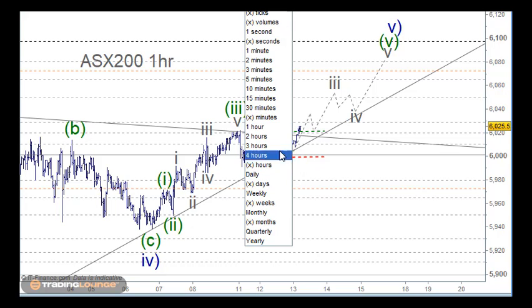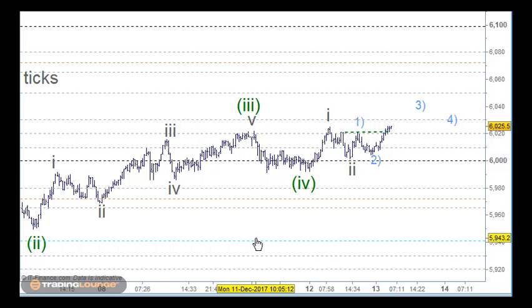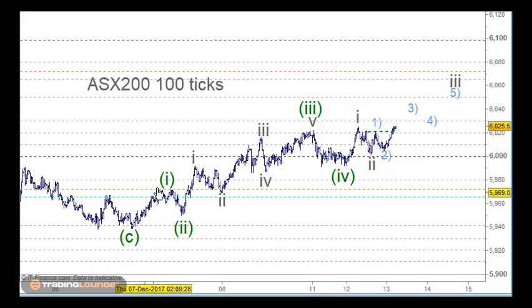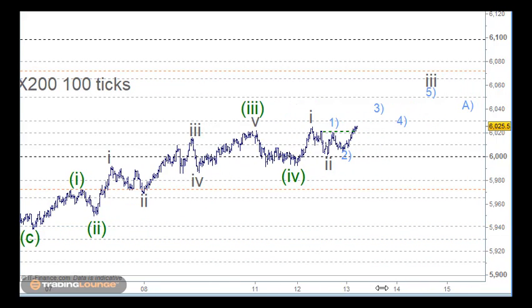Bit of a Santa run, as they call it at Christmas time. So on the tick chart here, we're looking at the low here, 1 and 2, and then 1 and 2 and 3 and 4 and 5 here. So we were looking for wave 4 last time we spoke, and now we have wave 1 to the upside here.